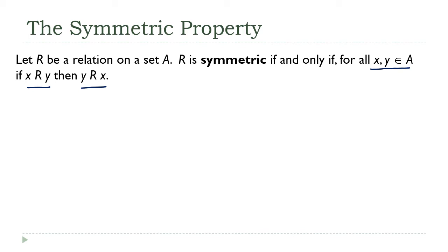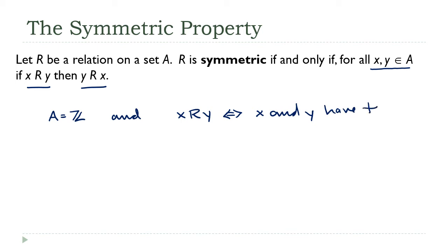Let's say A is the set of integers, and let's say X is related to Y if and only if X and Y have the same parity. Remember, parity just refers to whether or not the number is odd or even. So hopefully this is pretty clear then, right?